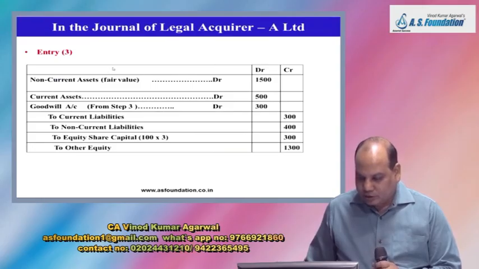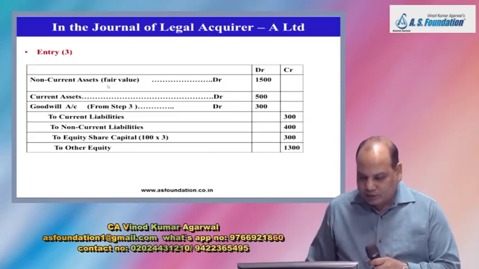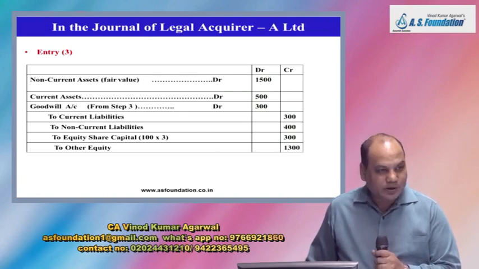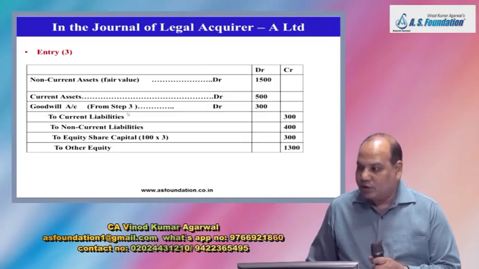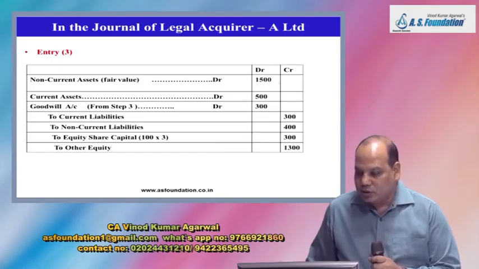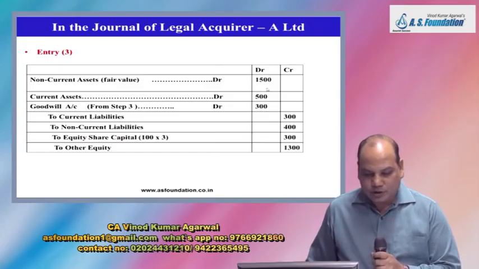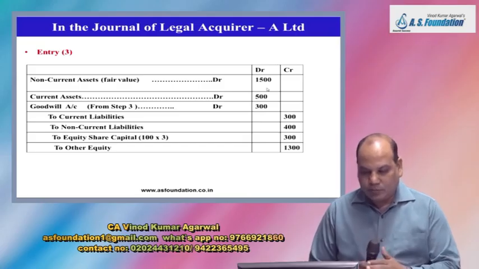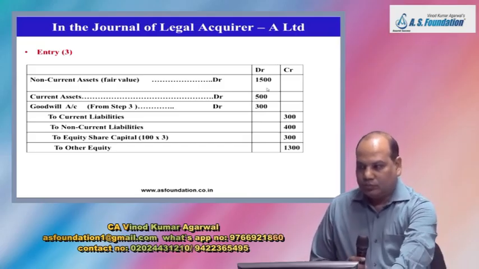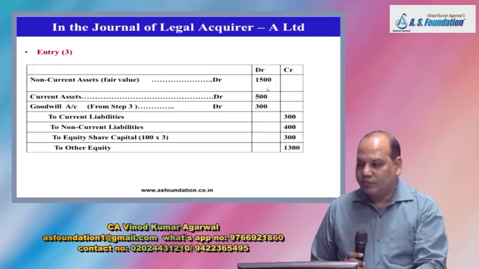Now write down third entry. In the third entry, what we'll do, we will incorporate the asset, liabilities, goodwill, share capital of A Limited. Assets and liabilities will record at fair value wherever fair values are given. So write down, dear student, non-current asset account debit 1500 in bracket fair value because it is given.